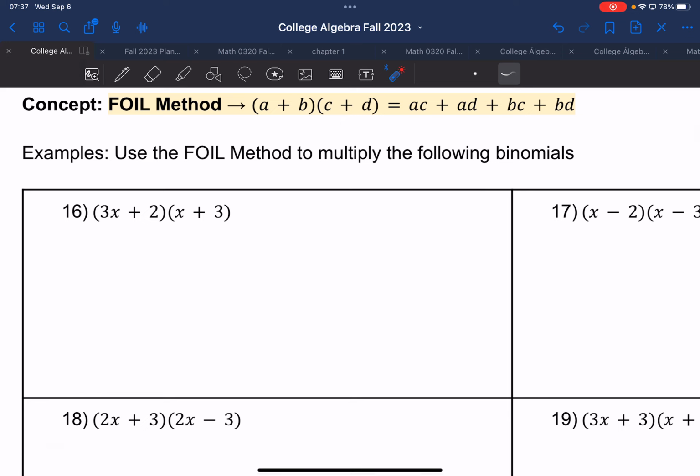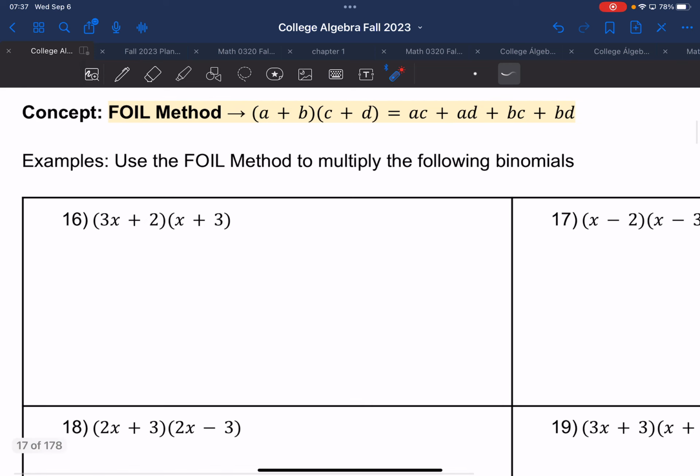Okay, so it says using the FOIL method, multiply the following binomials. So the FOIL method up here, the formula is if we have a plus b in parentheses times c plus d in parentheses, that's the same as saying a times c. So let me write this out.